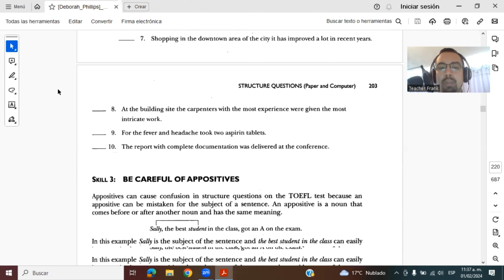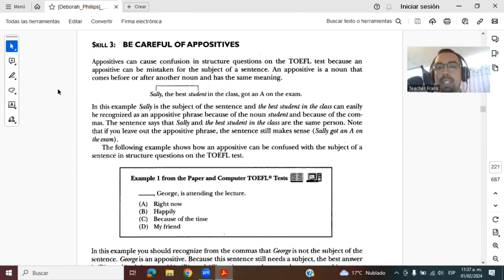Then we had skill number 3, which is be careful of appositives. Appositives, remember, is the extra information that we find in a sentence, such as in this case, the best student in class, and it's referring to Sally, our subject. So we can confuse, again, student for the subject, when in reality, that's just extra information.